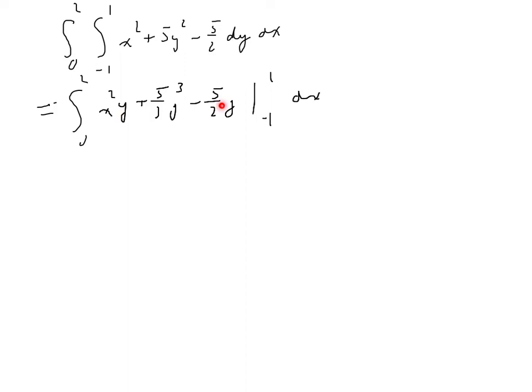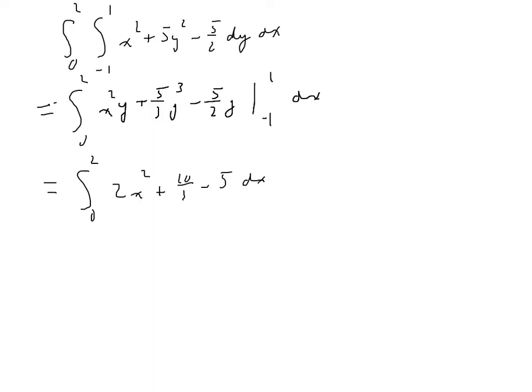We're going to subtract and plug in minus 1 everywhere we see y. And after you do that and you simplify, you should be left with an integral just with x's, and in fact what we'll get is 2x squared plus 10 thirds minus 5. And finally we're going to integrate that with respect to x.